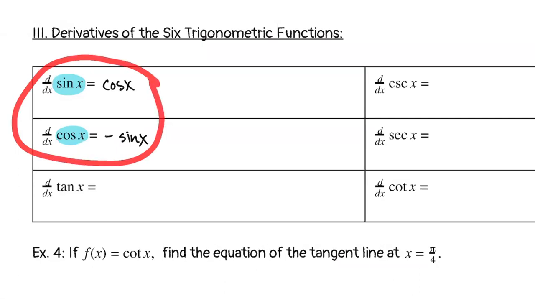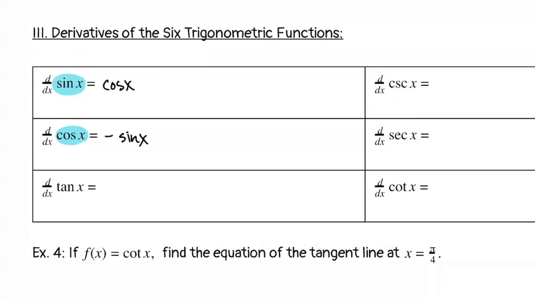And so I think about sine and cosine as pairs because I use the other one in the derivative. All right. Now, this is kind of a silly thing, but what letter does the word cosine begin with? C, right? So cosine begins with a C. And is the derivative of cosine positive or negative?